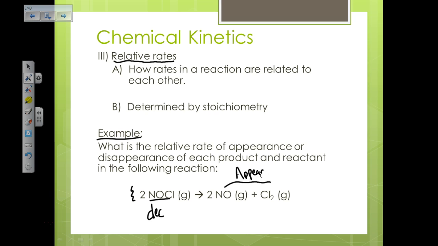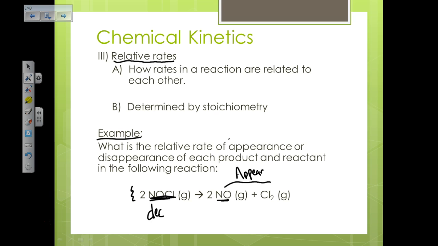It makes sense that as the reactants disappear, some of the products will appear. How quickly this decreases is directly related to how fast this increases. So that's where we get the idea of related rates.